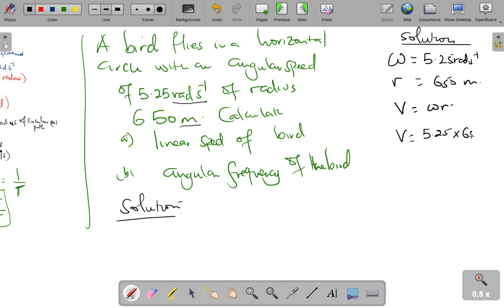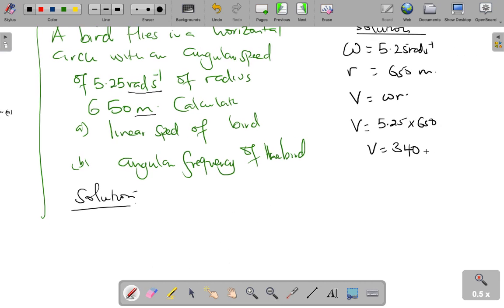5.25 times 650. So V becomes, from the calculator, 340. But now linear speed is measured in meters per second, so we write that. 340, but this is rounded to two significant figures, otherwise the answer on the calculator is 3412.5. Yes, I'm also using a calculator here.